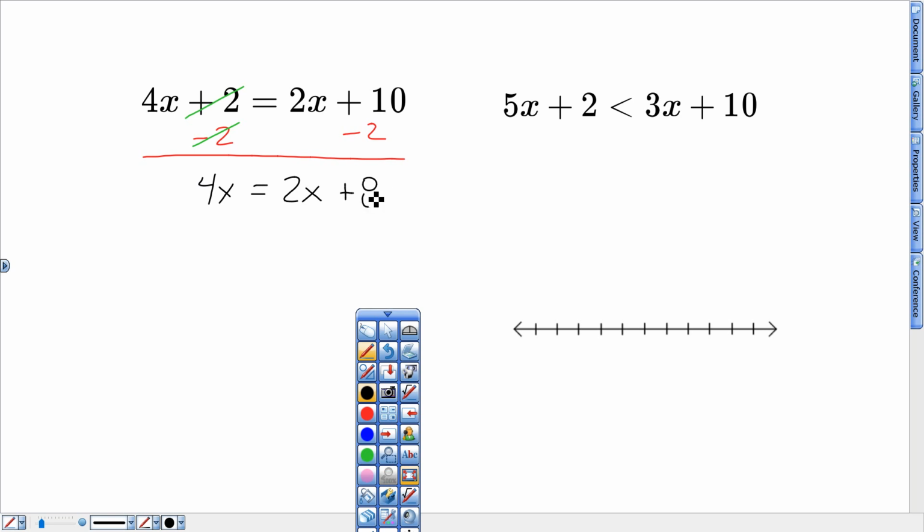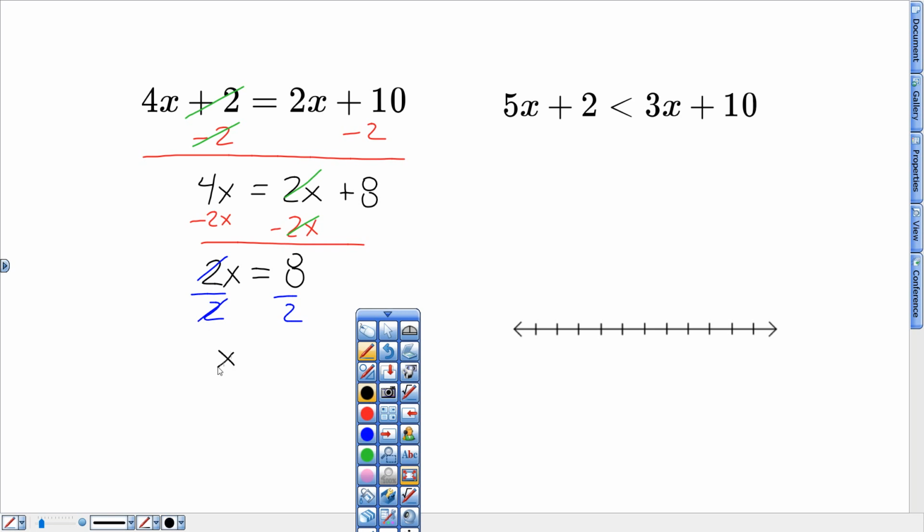Stay on that side of the equation and subtract that 2x. So minus 2x to both sides of the equation makes these 2x's cancel. 4x minus 2x gives me 2x. Bring down the equal, bring down the 8, and then my last step, divide by 2. Go back to that left side and divide. Left, right, left.